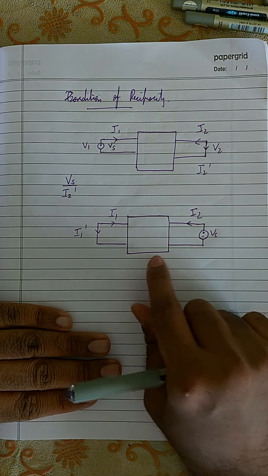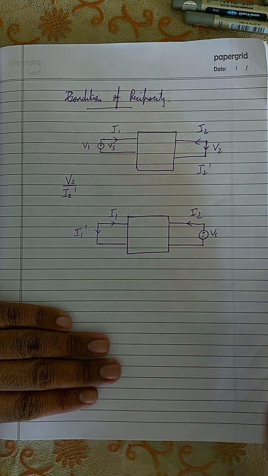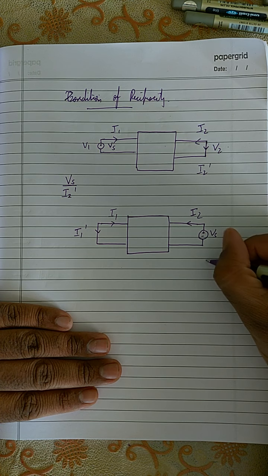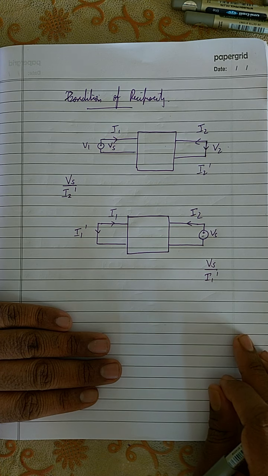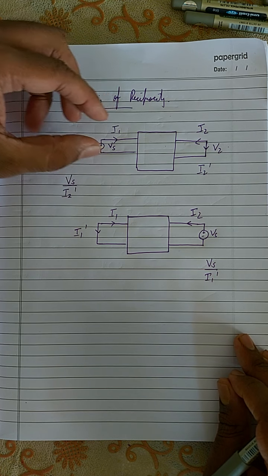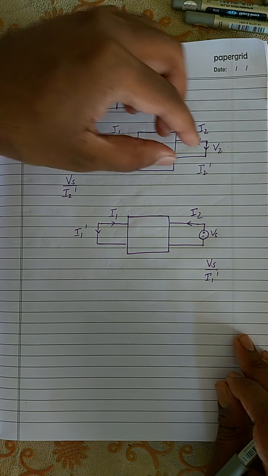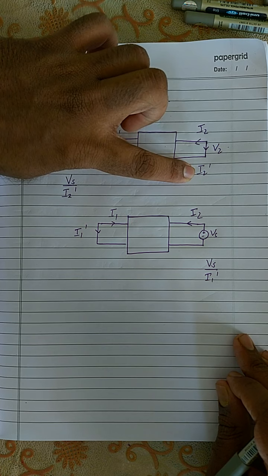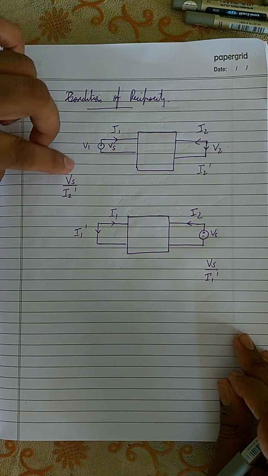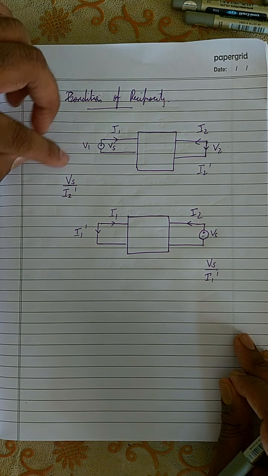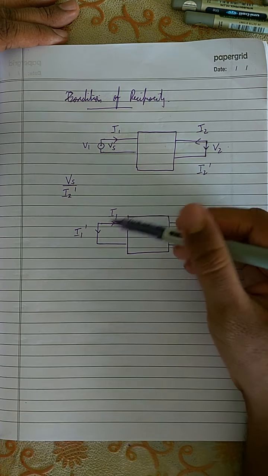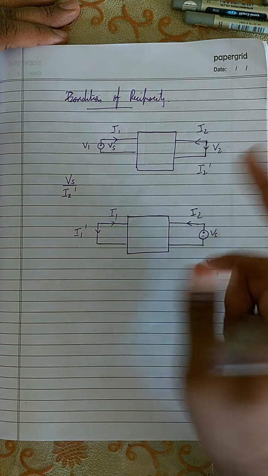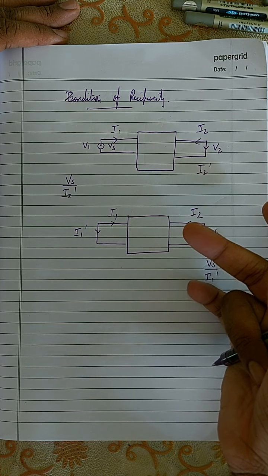Here I'm again going to find the ratio of Vs by I1 dash. In the first case, I connect the voltage source over here and short this over here to find the response, so I take the ratio of excitation to response. Over here, I'm going to reverse the arrangement of the excitation and the response.